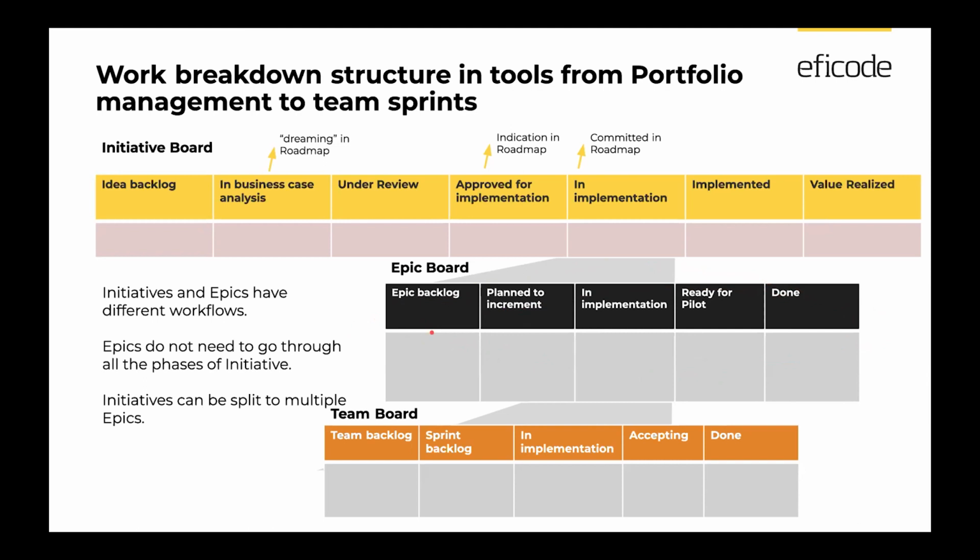The main thing is that we can easily manage those and, once again, prioritize, see what we have done with which epics and so on, and see which are in the implementation phase. The initiative and epic level workflows can be different, and quite often they are different. The Jira epic doesn't need to have such long workflows where we are analyzing the business case and so on.